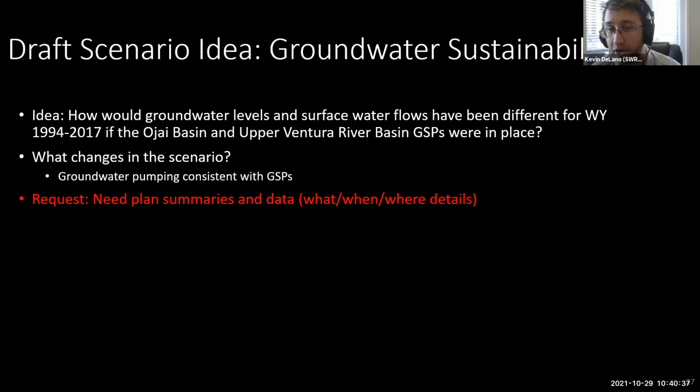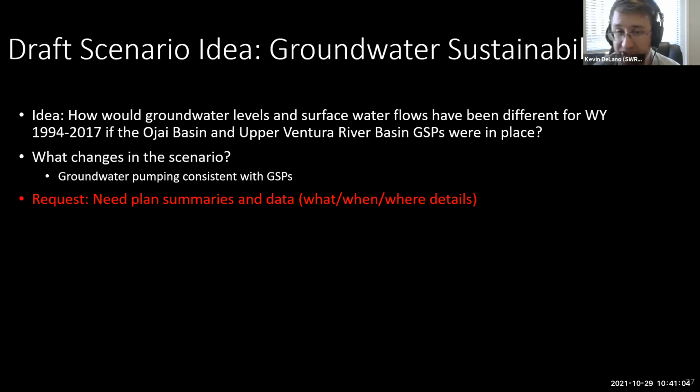So for this scenario, I thought it would be pretty interesting to put both plans in one scenario and see how water supplies would be different if those plans were in place as a water management regime. What would change technically? We would change groundwater pumping to be consistent with what is proposed in the two groundwater sustainability plans.